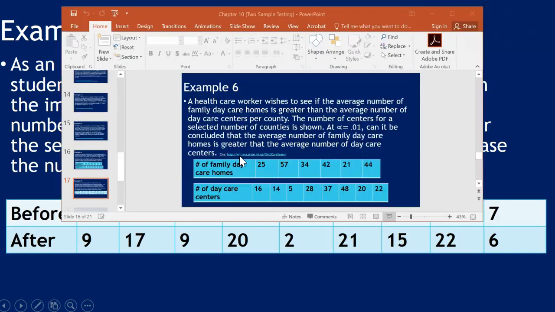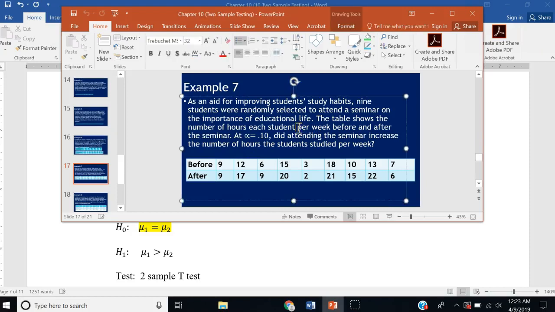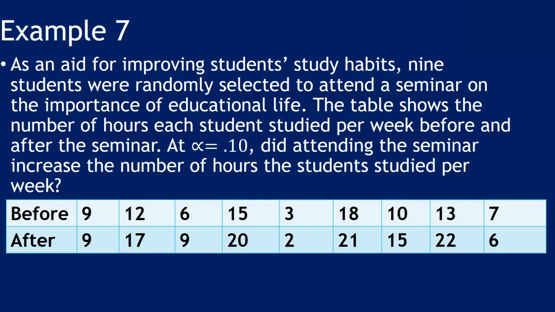Let me change it to student studied per week. Sorry about that. Before and after the seminar. At alpha equals 0.01, did attending the seminar increase the number of hours the students studied per week?